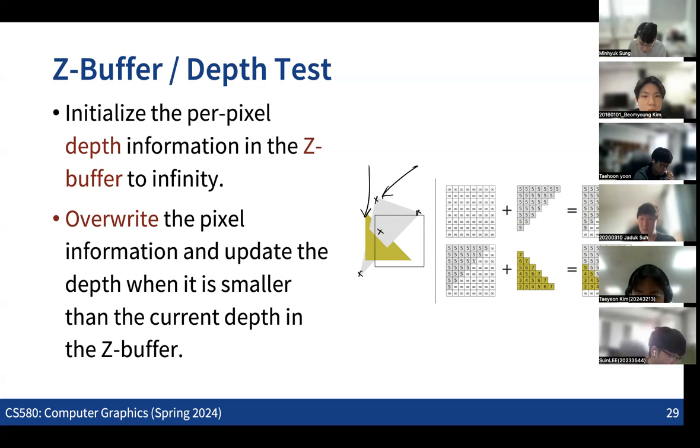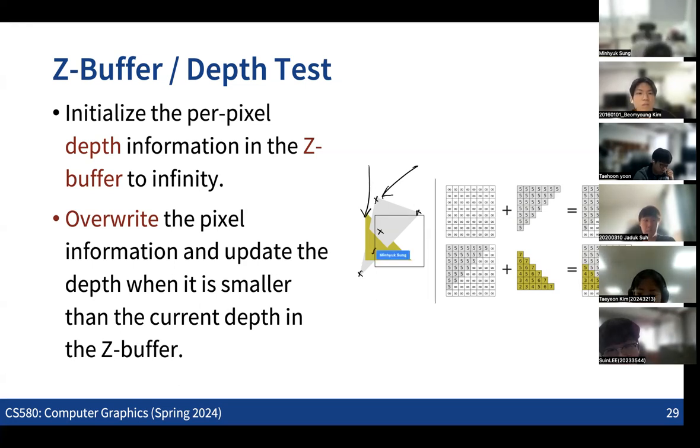If the new depth is smaller than the depth we already calculated with the previous triangle, which means the point on the new triangle is closer than the point drawn by the previous triangle, then we can overwrite the information, right?